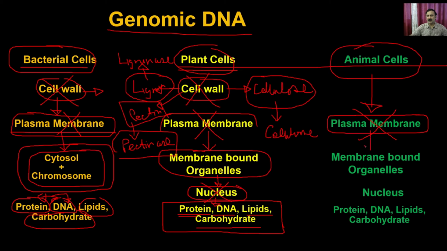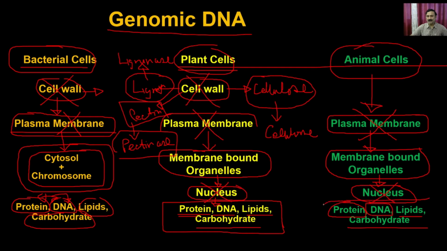Once you do that, you are going to see the membrane bound organelles, and within that you are going to have the nucleus. Once you isolate the nucleus, it also has to be degraded by different types of reagents which degrade the membranes, and ultimately you are going to get the mixture of biomolecules like protein, DNA, lipids, as well as carbohydrate.